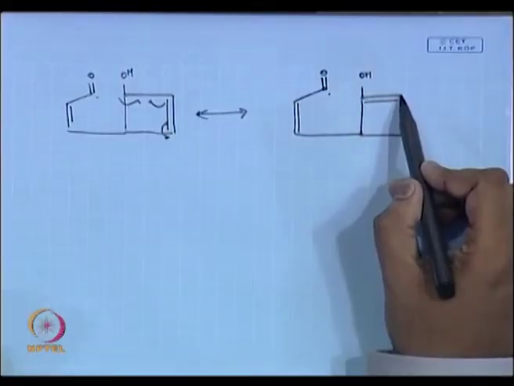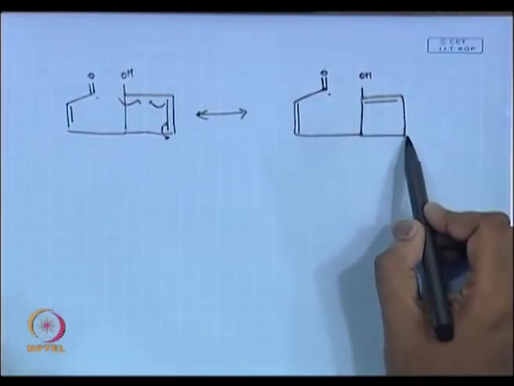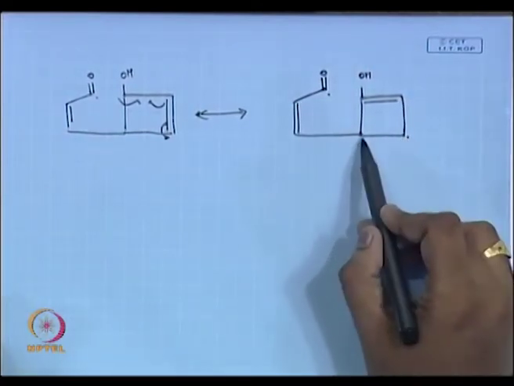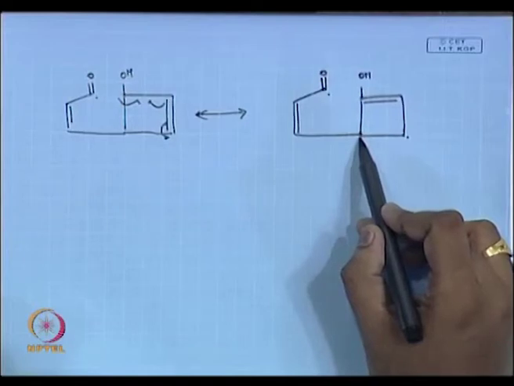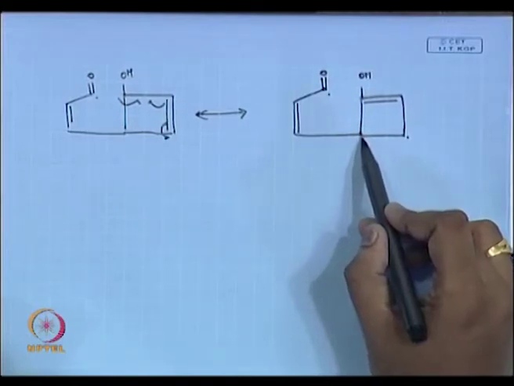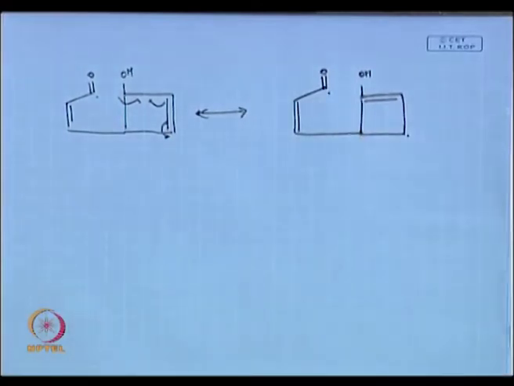You want to abstract a hydrogen from where? Tell me from where you are going to abstract a hydrogen. You have a choice here. You want to abstract from here? No, from here. So, you are just seeing the molecule as I had drawn. Think about the molecule. It is like a cyclobutane with this thing.